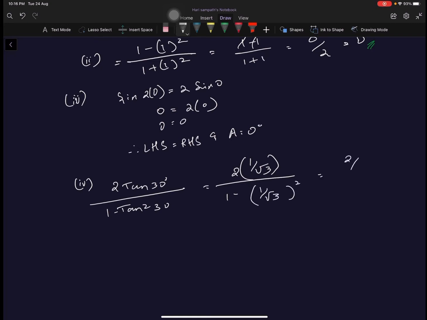So it will be 2 by root 3 divided by 1 minus 1 by 3. I'm gonna elaborate this sum because it is a very small one, and if they give it for 2 marks or so, you have to give more steps. So it will be 3 minus 1 by 3.